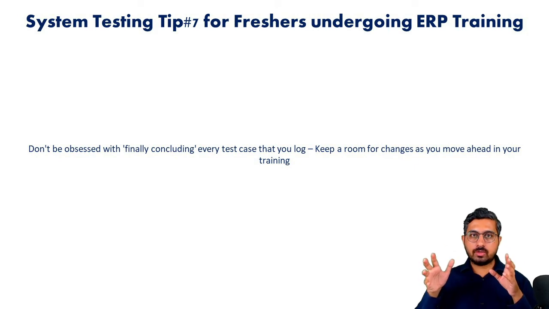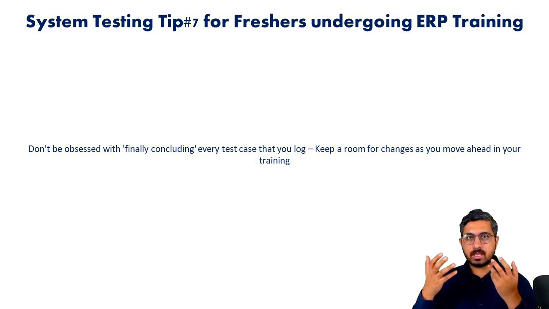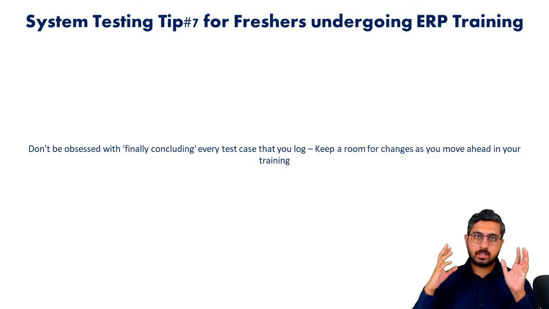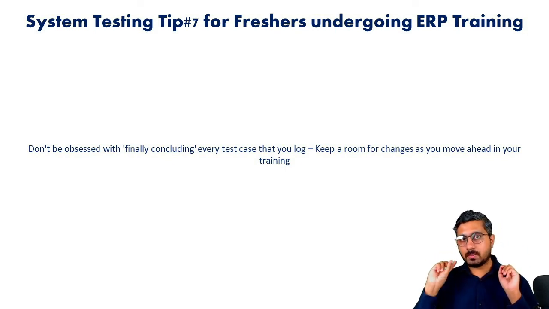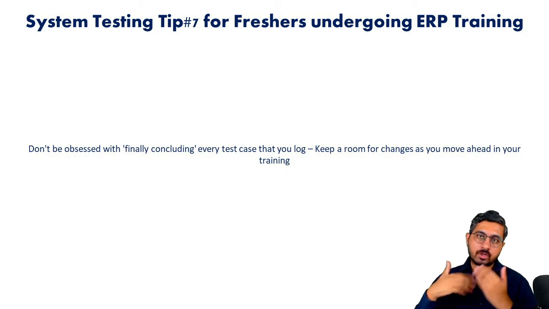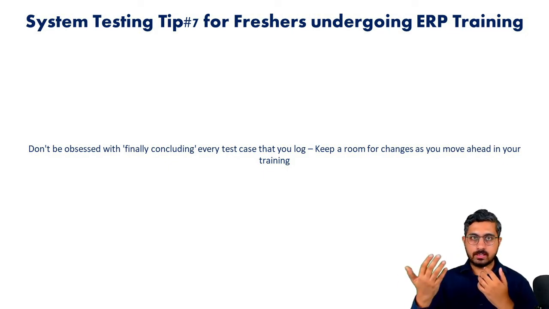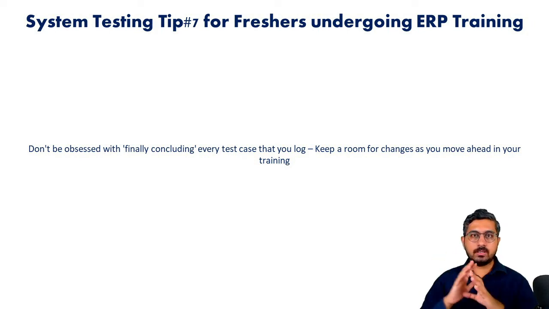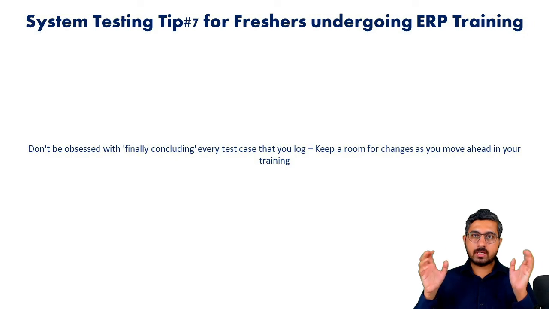We can write down that conclusion or observation at the moment, but it might still be the case that we have not completely understood this, and the conclusion might change going ahead after we come to know certain more configuration steps or setups or points. So that is something that you need to remember while doing testing in the initial phase of ERP consulting training.